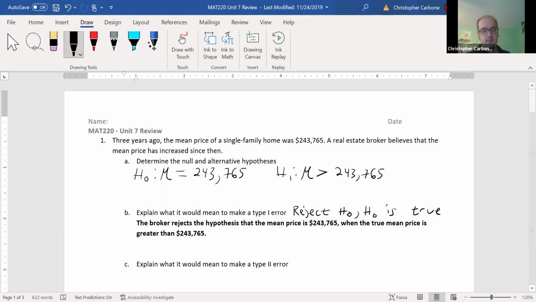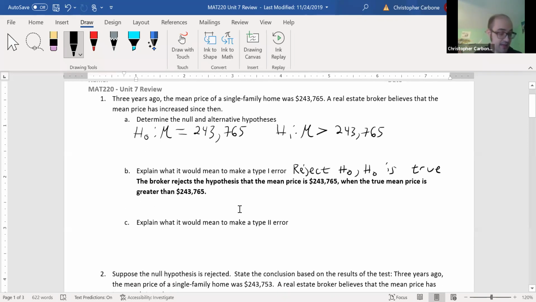And then what would it mean to make a type 2 error? In that same idea, this is where we fail to reject the null hypothesis when the alternative is true. So what does that mean?